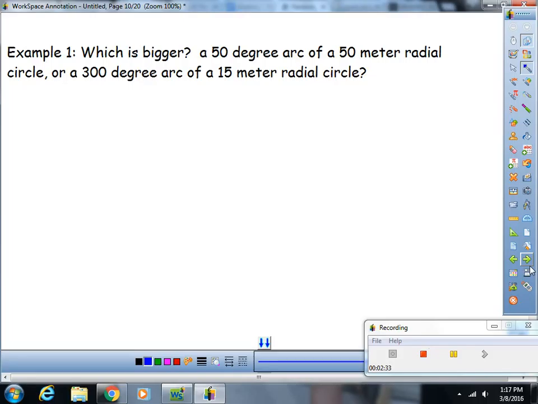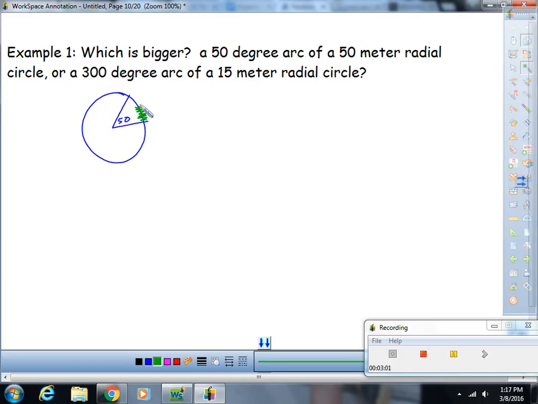Which is bigger, a 50-degree arc of a 50-meter radius circle, or a 300-degree arc of a 15-meter radius circle? Well, the only way we can compare these things is if we get them in the same units. So let's figure them out in meters. Here, we've got a 50-degree arc. So I use the central angle of 50 to describe this arc.